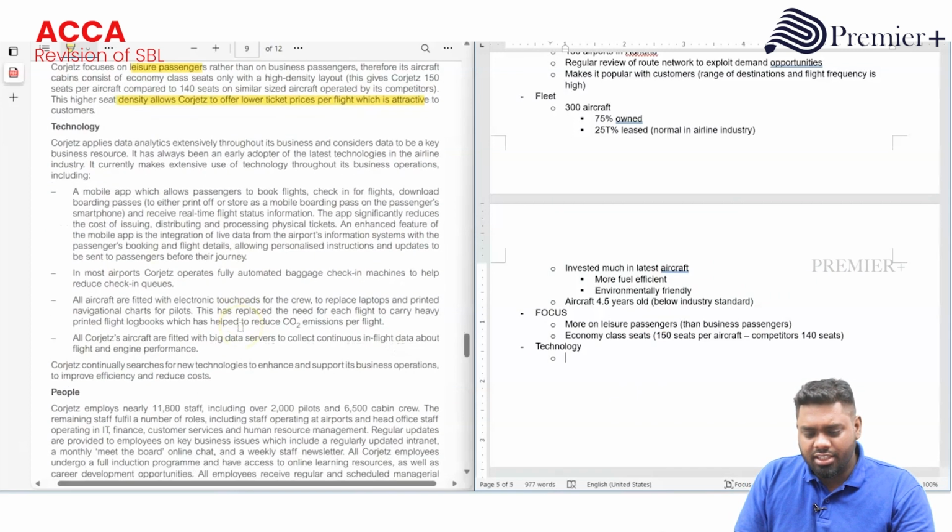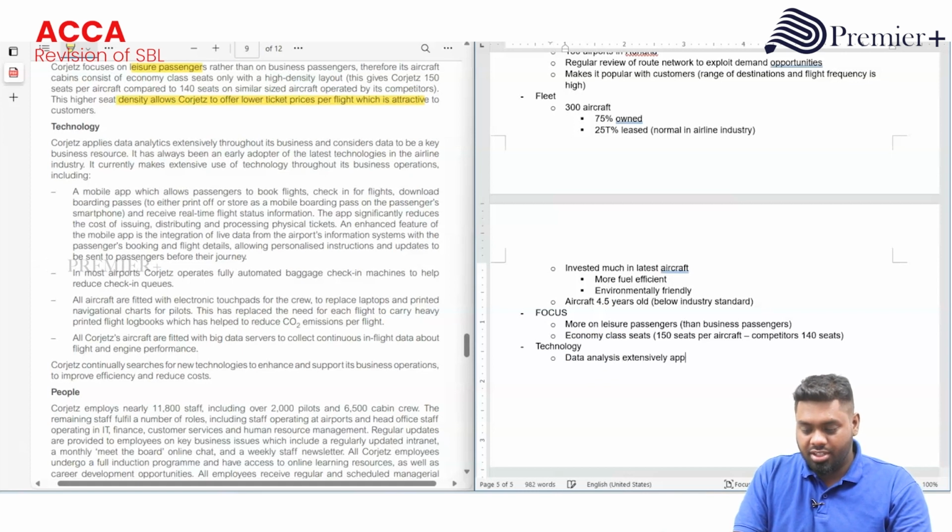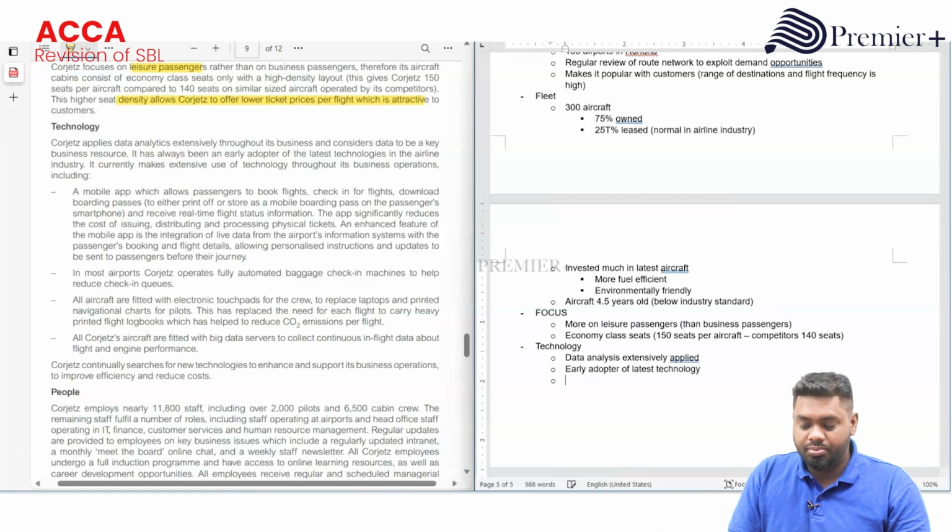Cojet applies data analytics extensively throughout its business. Data analysis extensively applied and considers data to be a very key business resource. It has always been an early adopter of the latest technology in the airline industry.